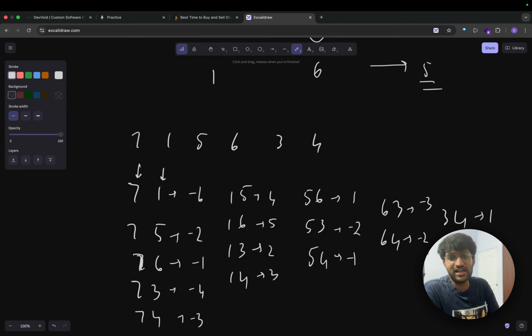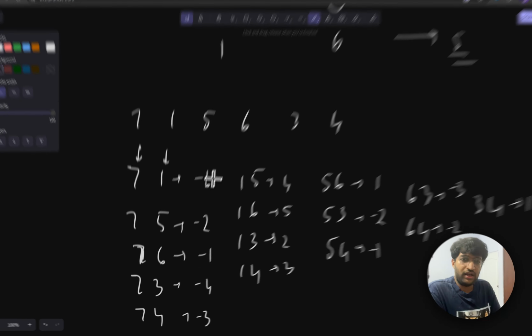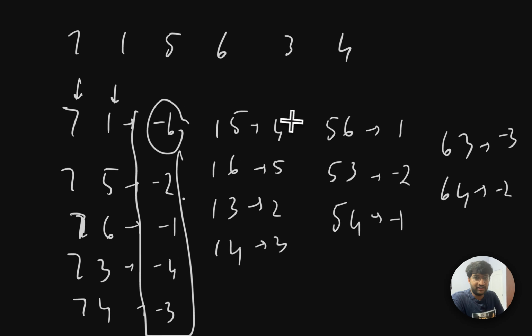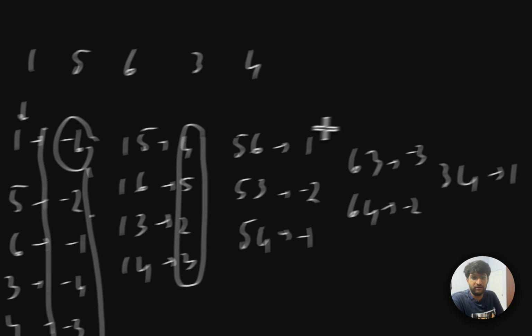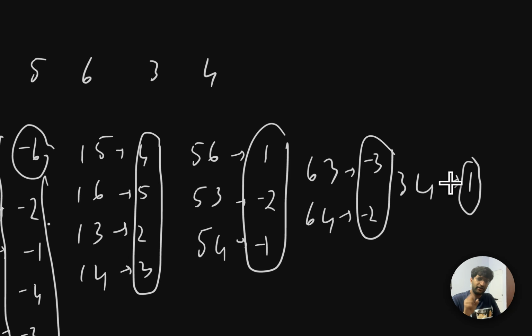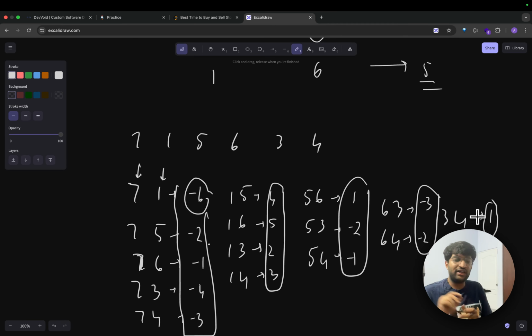Okay, so these are the profit numbers. You see? I get minus 6, minus 2, minus 1, minus 4, minus 3. Then I get 4, 5, 2, 3. Then I get 1, minus 2, minus 1, minus 3, minus 2, and 1. I hope you understood what I did till now. I took every combination, starting with the first one for the buy, that is 7, and then 1, 5, 6, 3, 4 as the sell dates.